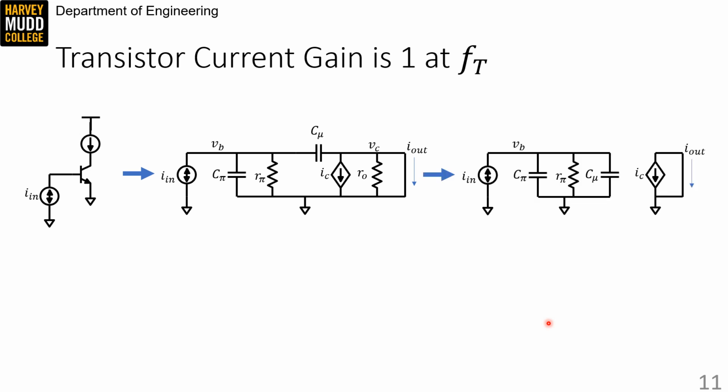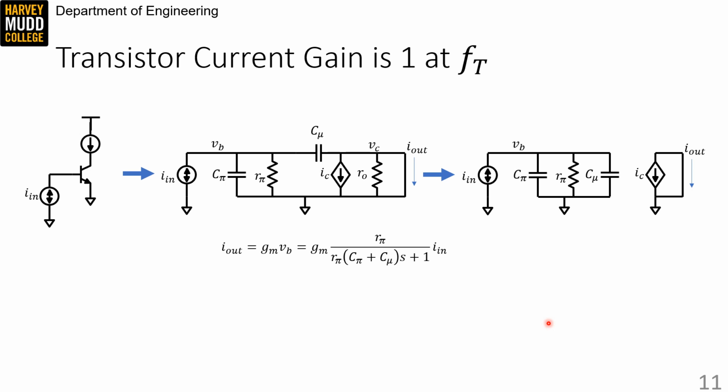That short at the output lets us simplify the small signal model quite a bit. RO is shorted on both sides, so I've removed it from this simplified schematic. And CMU is grounded on the right, so we just put it in parallel with CPi and RPi. The current through the output short is equal to the current in the GM generator, which is given by GM times VB.